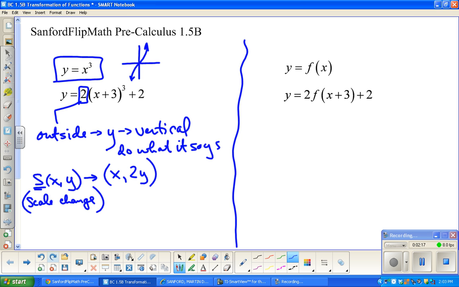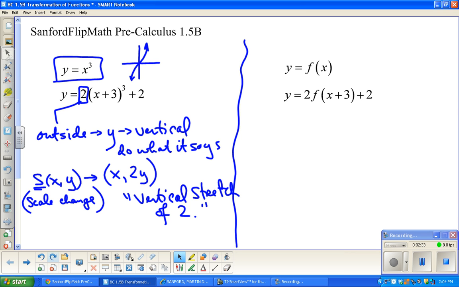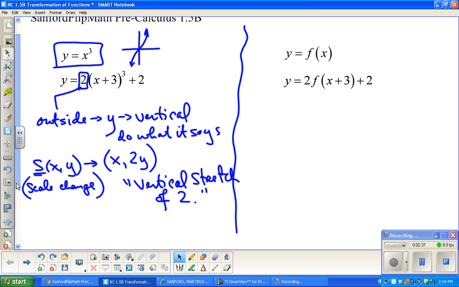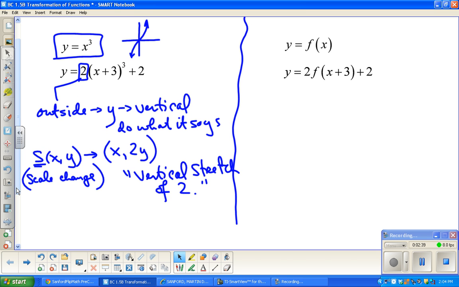You could word this, if we said it in words, as a vertical stretch of factor 2. What that means is that all of the y values, vertically that is, are multiplied by 2.